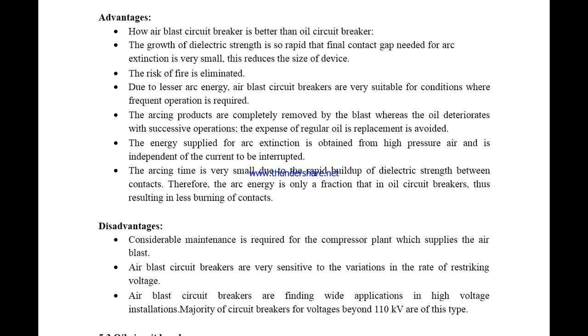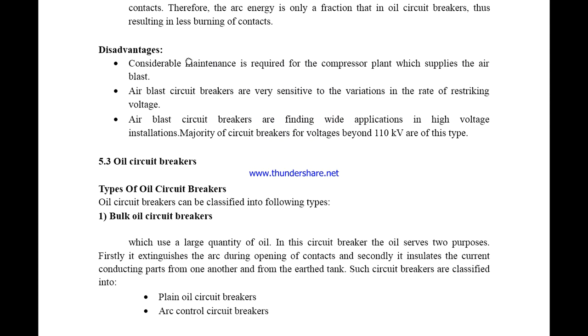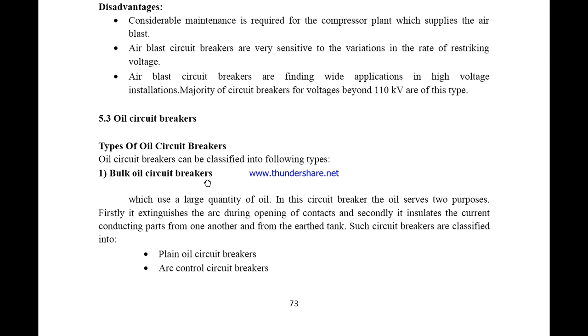The arcing time is also very small, but the disadvantages are, first, considerable maintenance has to be done, and second, it is very sensitive to variations in RRRV. Next, it finds wide applications in high voltage installations. The majority of these circuit breakers are applied for voltages beyond 110 kV only.